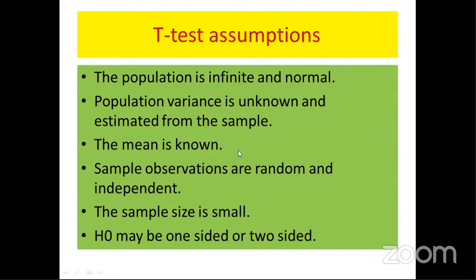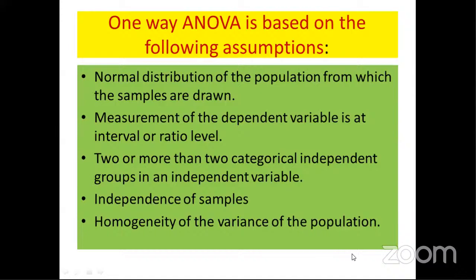And then your null hypothesis can be one-sided or two-sided, or what we call directional and non-directional hypothesis. It all depends on how you stated your hypothesis in your research question. Whether it is a one-sided or two-sided test, you can still use the t-test. So these are the different assumptions for t-test. And what I am giving are only the most commonly used statistical tests.